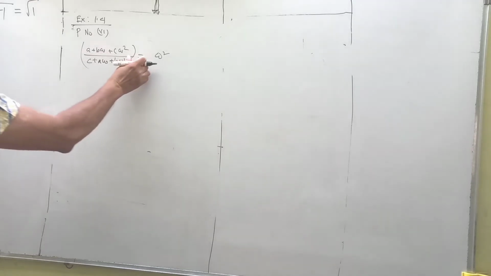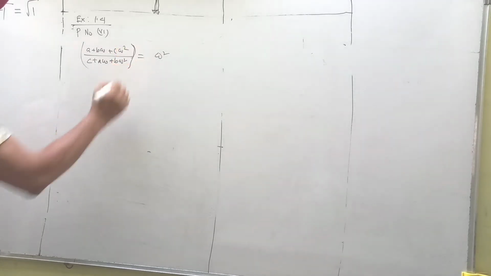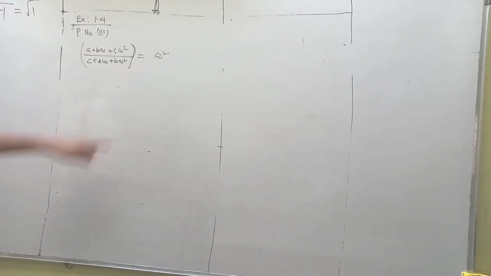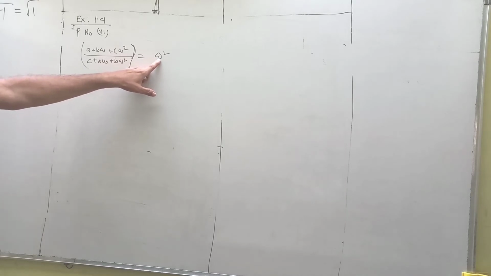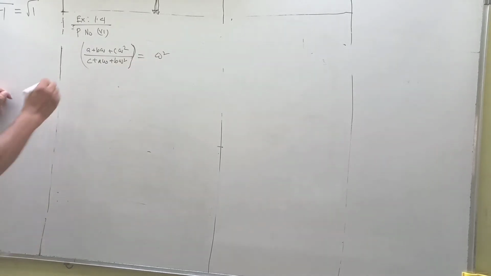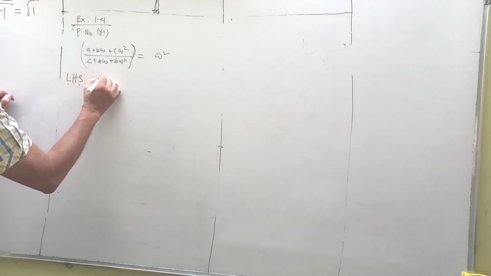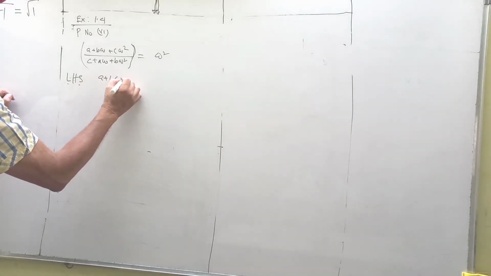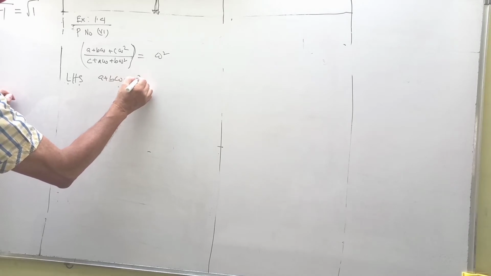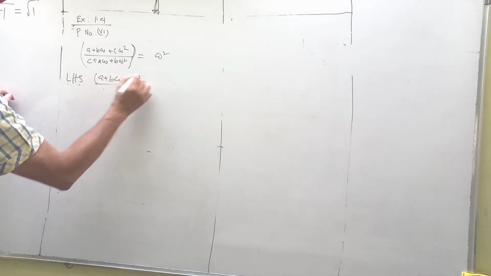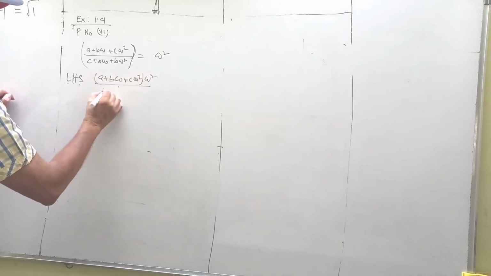But if you see this problem, starting is very difficult. One thing is clear, we require ω². What we are doing here is taking the left hand side and multiplying both numerator and denominator by ω².